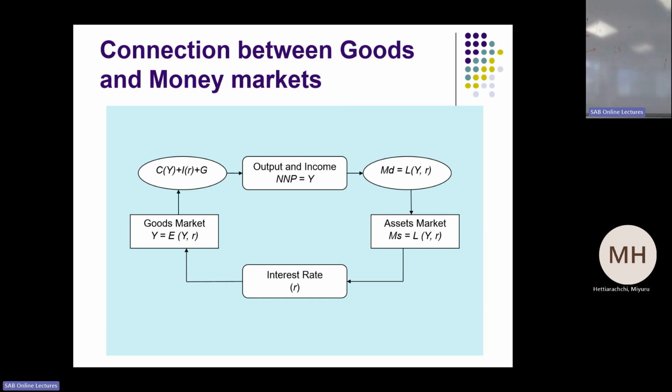This determines the effect on income as well, through the interaction between the asset market and the goods market in the IS-LM model. Equilibrium income, equilibrium interest rate.